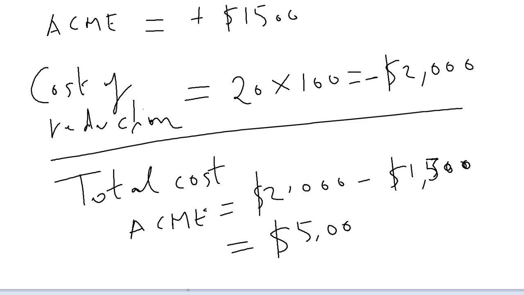Okay, now the thing to remember is that USC now has 40 permits. Okay, so they pollute 40 tons and they have 40 permits, so they're good.